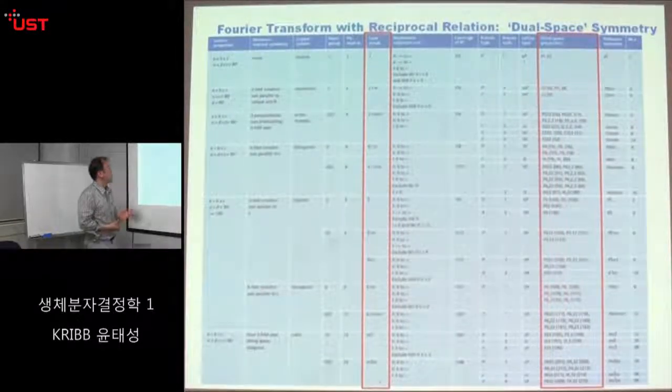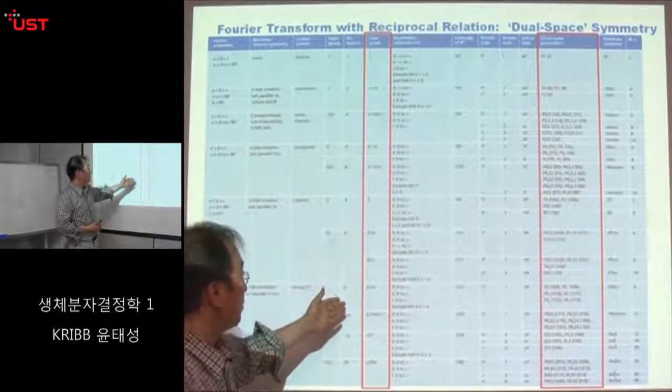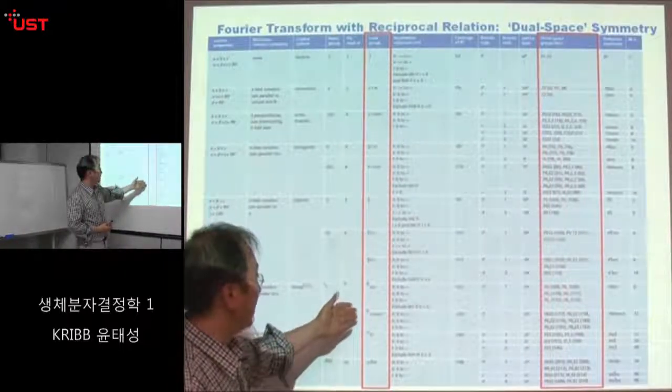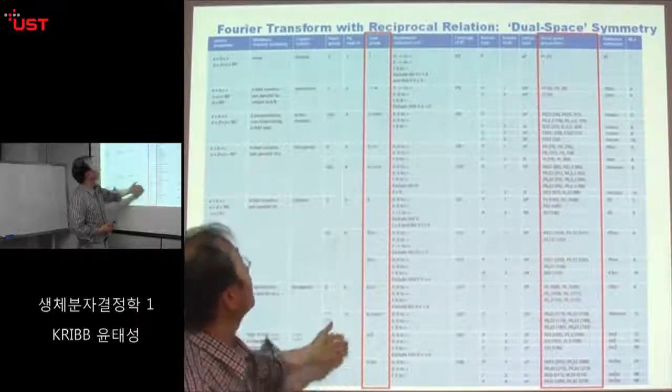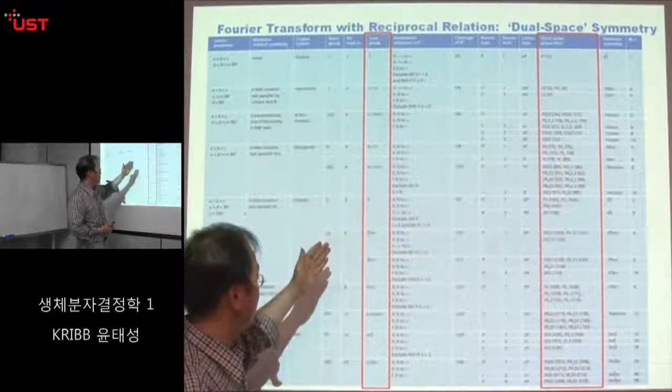Here, based on numbers 1, 2, 3, 4, 6, and letter M, and the symbols bar and slash, we derived all 12 Laue symbols.